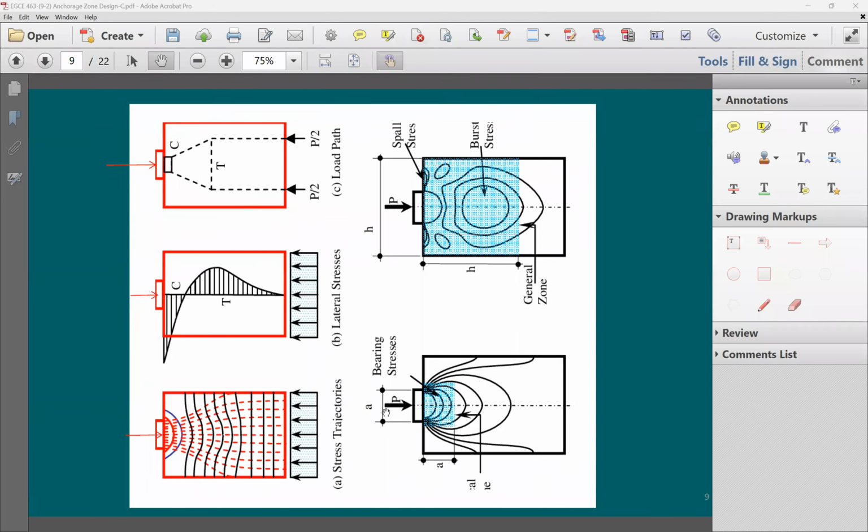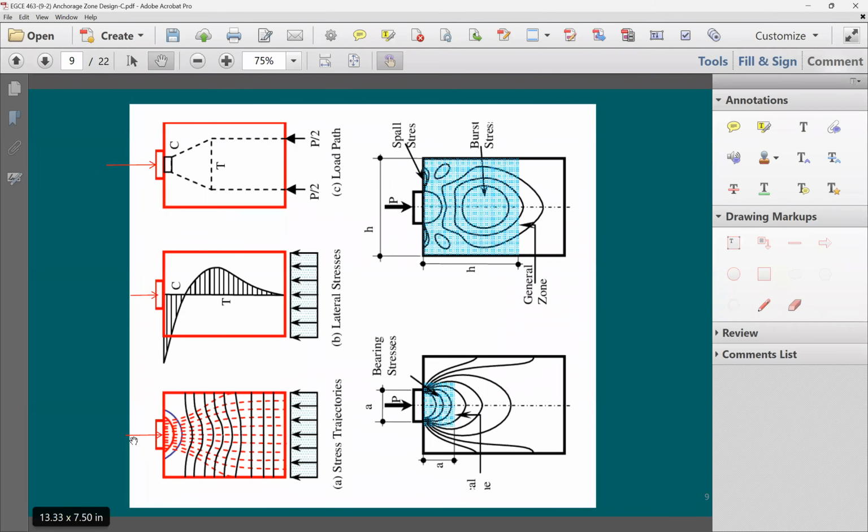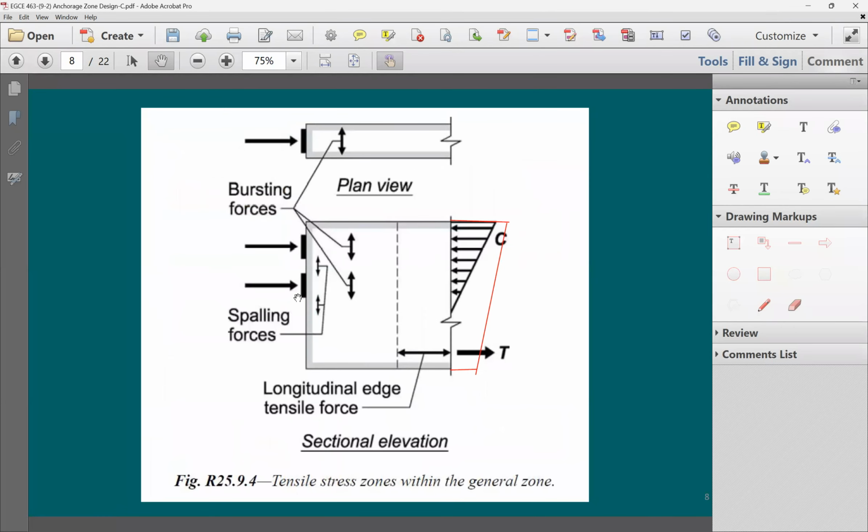But if I may go back here one slide, when you have some eccentricity, the stress distribution is going to look like this. Just in general, it's going to look like a trapezoidal distribution. The difference is in here, the point load is going to be right in the mid height. And in here, the point load is going to be centric loading.